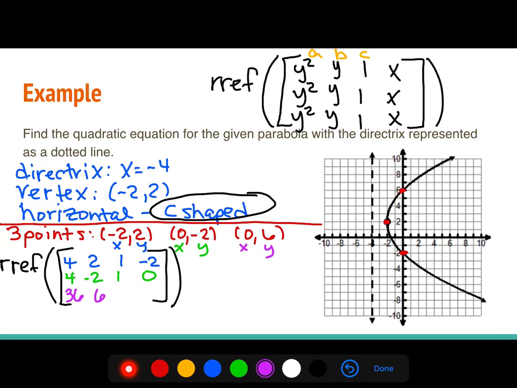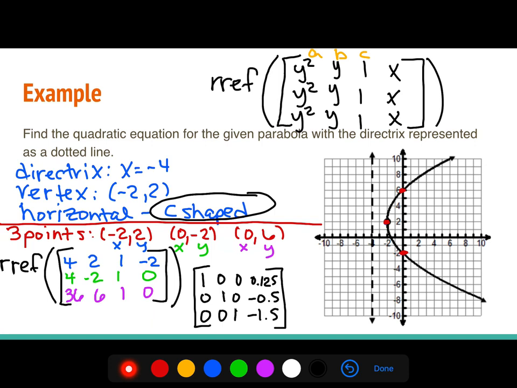Then I'm going to go to the next one. X comma y. Y squared, -2 times -2 is +4. -2 for y, then 1, then x. And my last one, x, y. Y squared is 36. Y is 6, 1, and then x. And I'm going to put that in the calculator.